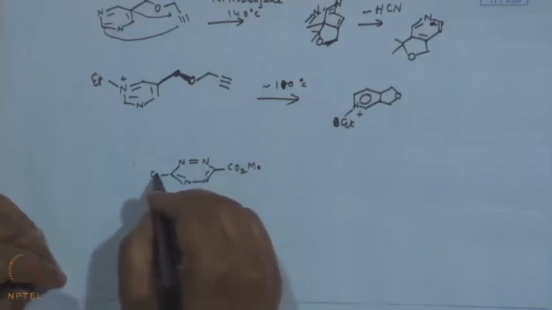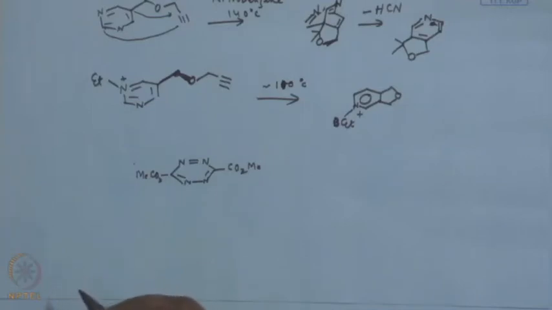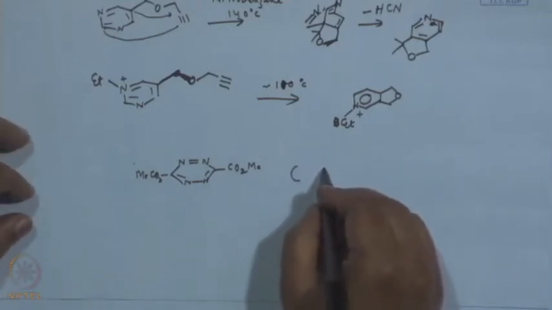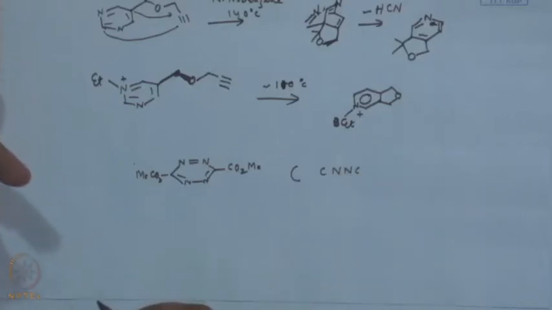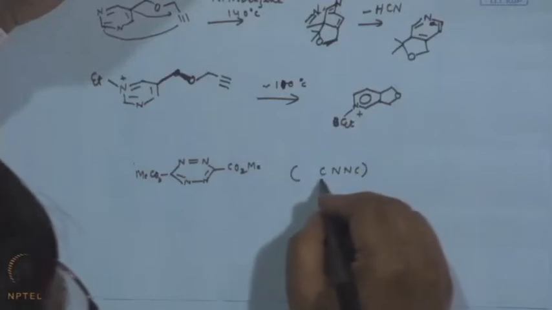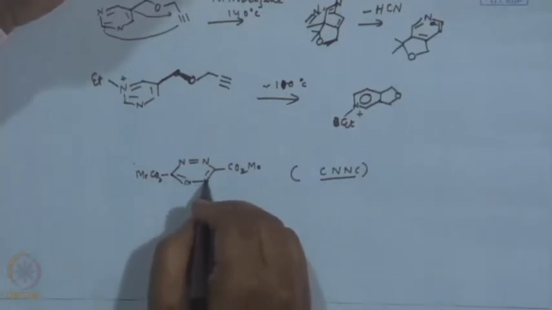People sometimes call it Boger's reagent, this one. So, what does it do? It is an equivalent to CNC. In all other cases we have seen they supply CNCC, right, but this is a case where it provides only CNC.